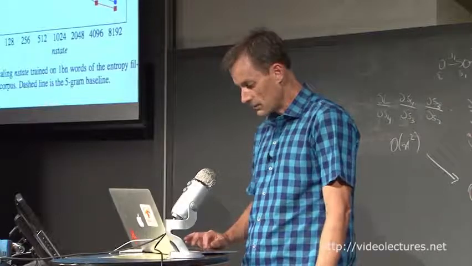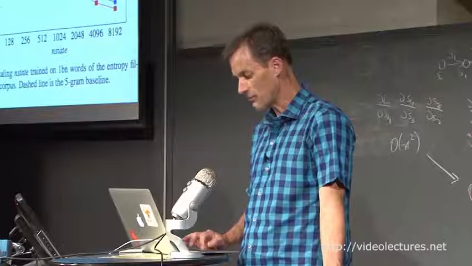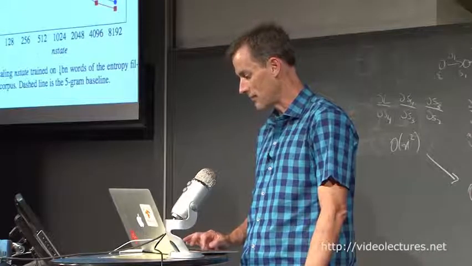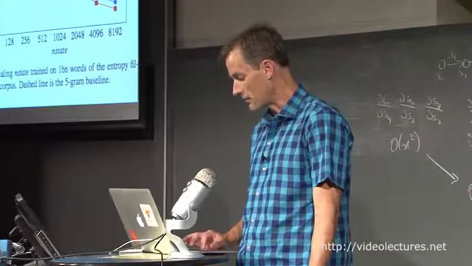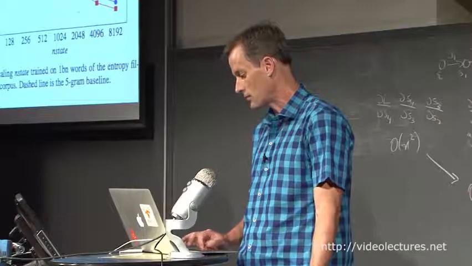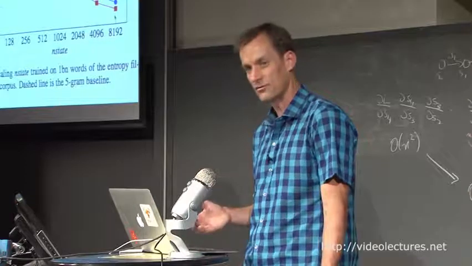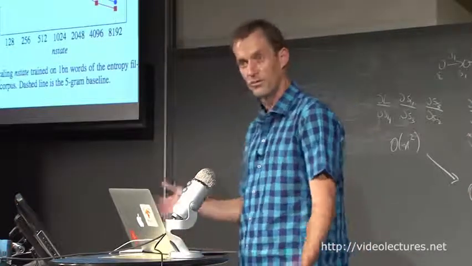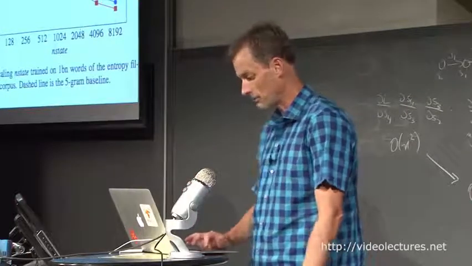Having a larger data set helps you a fair amount. Similarly, if you hold the data set fixed at 1 billion words but increase the size of the model from 128 units here to 8,192 here, you get substantial decreases in perplexity as well. If you do both, presumably it's going to be even better. They didn't actually do that experiment in this paper.